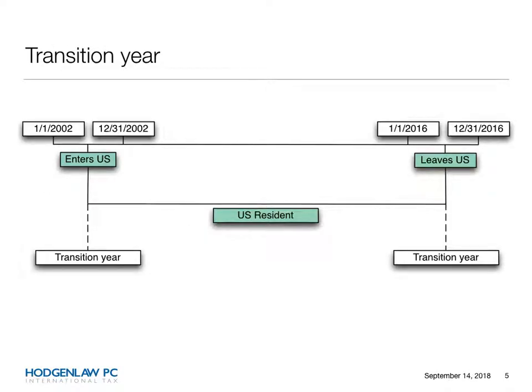In most cases, a dual status tax return is necessary during a transition year, either when a taxpayer enters the U.S. or when the taxpayer leaves the U.S. In this diagram, we have a foreign person who enters the U.S. sometime in 2002, lives and works here for a number of years, until leaving sometime in 2016. 2002 and 2016 would be considered this person's transition years.